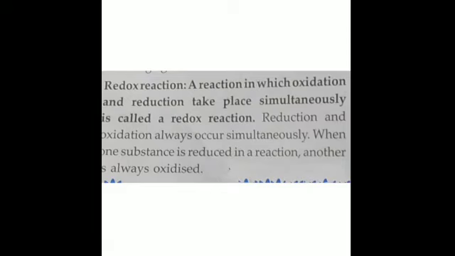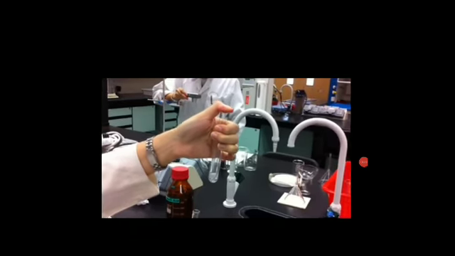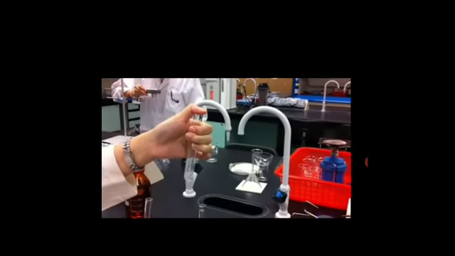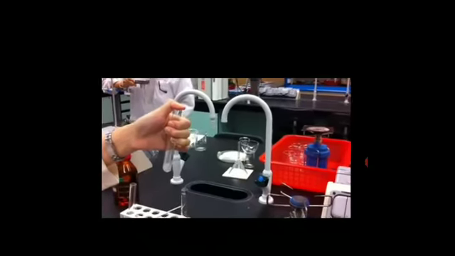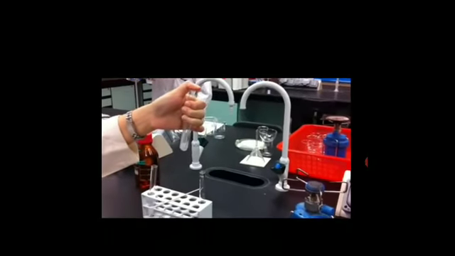Is that clear? Now there are various tests of hydrogen. Now you can see over here that hydrogen will be evolved in this particular reaction. Hydrogen gas is evolved by mixing hydrogen chloride with zinc granules, and how it burns with a pop sound.